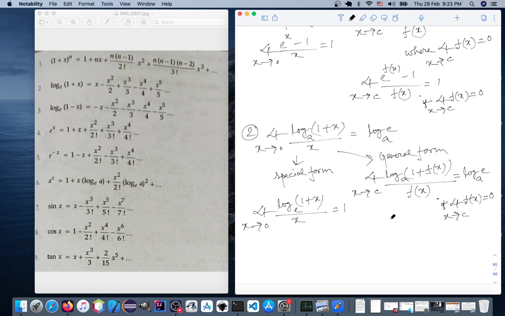Also, log e (1 plus f(x)) divided by f(x) is also 1 if limit of f(x) is 0.